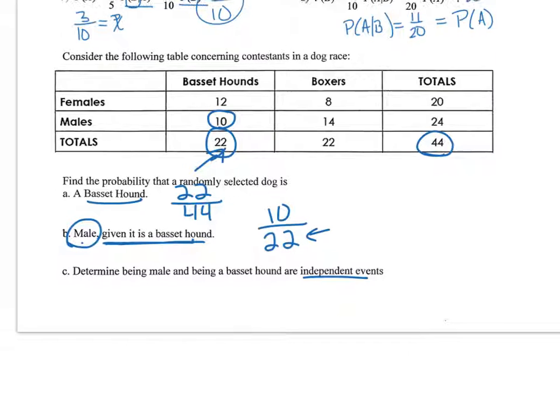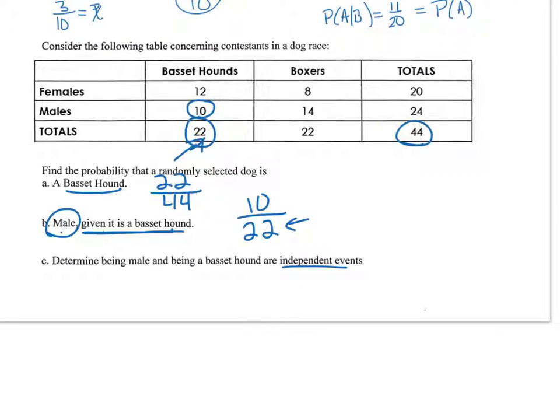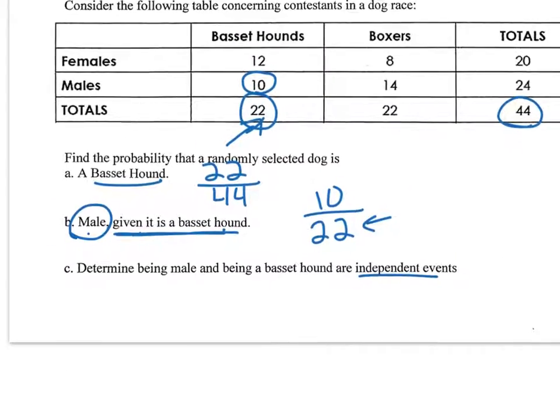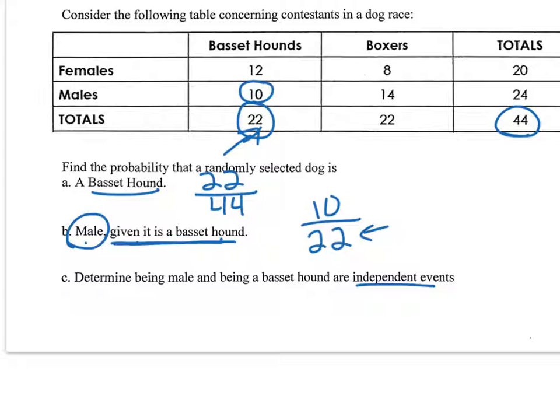So now we want to determine if being male and being a basset hound are independent events. So we need to know two things. We could do it two different ways, but seeing that we've already figured out what it means to be male given that it's a basset hound, let's do that one. Male given a basset hound, we're going to write that.